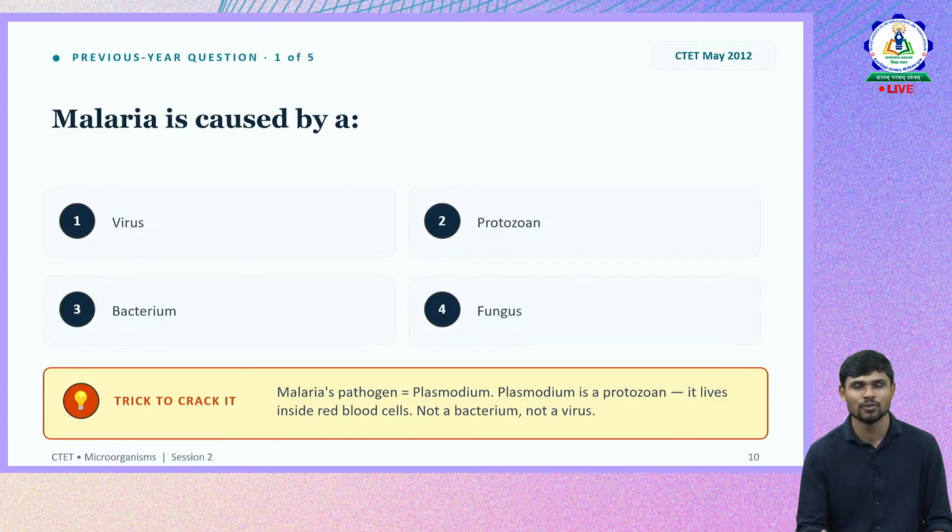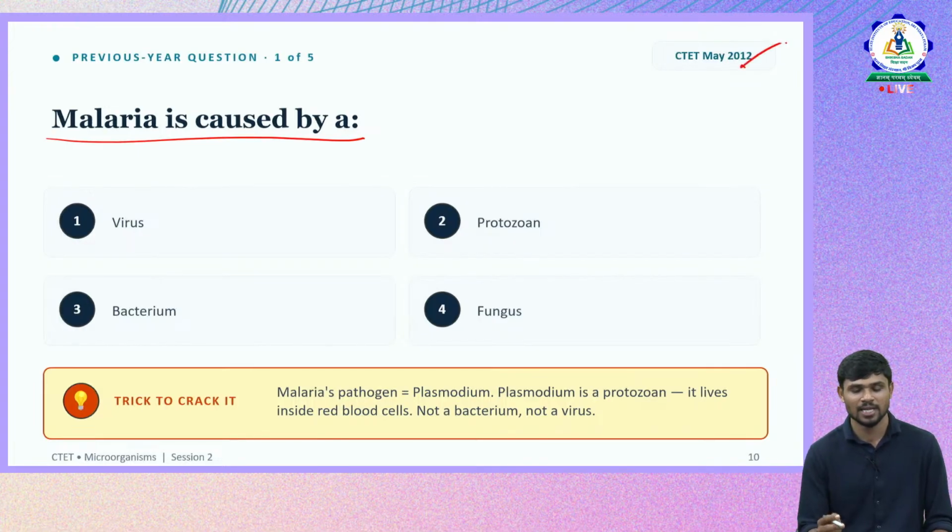So let us solve a few questions to understand how questions are asked. Factual and memory level questions are asked from this subtopic. Let us understand them by solving some previous year questions.